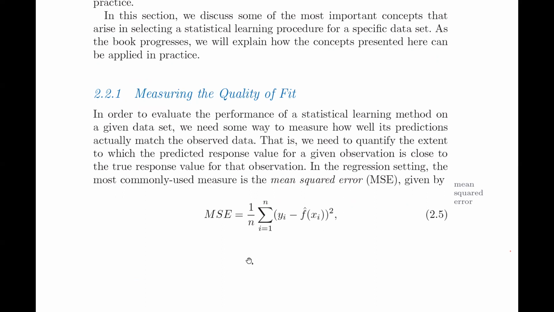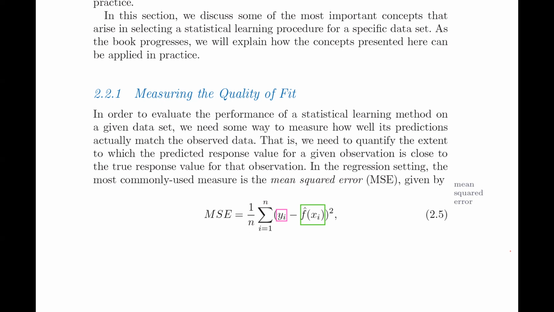Now, just before we start reading this section, notice that we're taking the difference between 2 items that have a lot in common. They are both the output. This is yi, and this is y hat i.